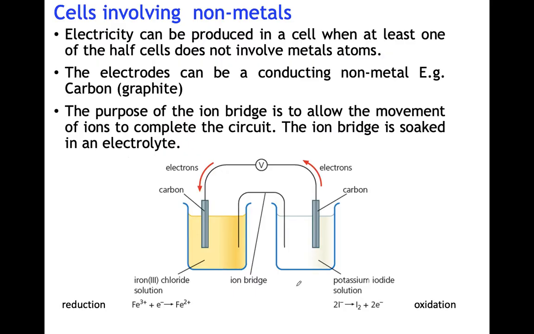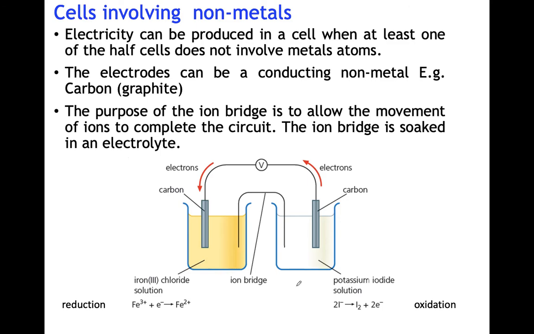So that brings us on to cells involving non-metals. Electricity can be produced in a cell when at least one of the half cells involved does not involve metal atoms. The electrodes can be a conducting non-metal, for example, carbon in the form of graphite, so we would use graphite electrodes.